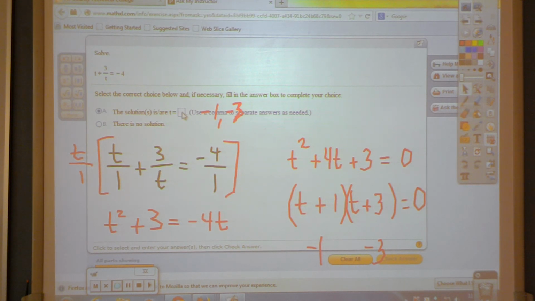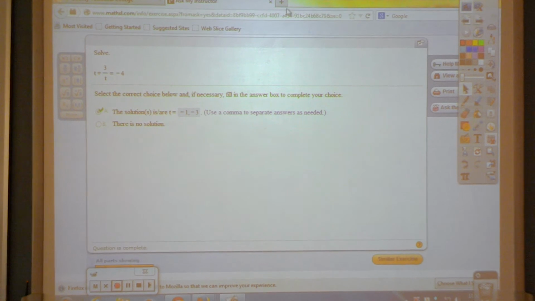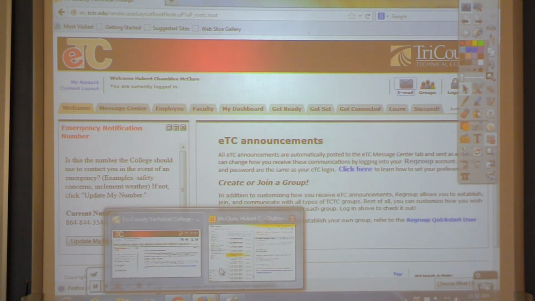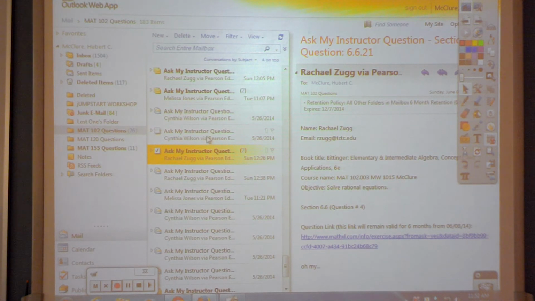I had some questions on there that were kind of hard for me, like what would be the common denominator? It was some of the ones that I put closer to the end. If you could kind of go over that again. All right. Number 9 is a hard one. Number 9 on what section? 6.6. Let me see.